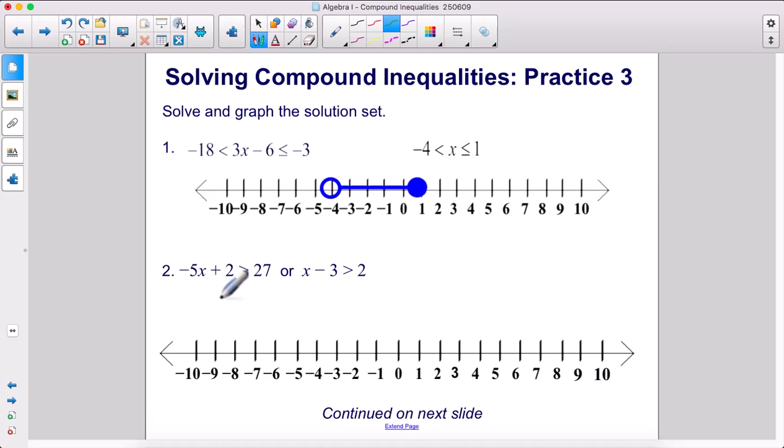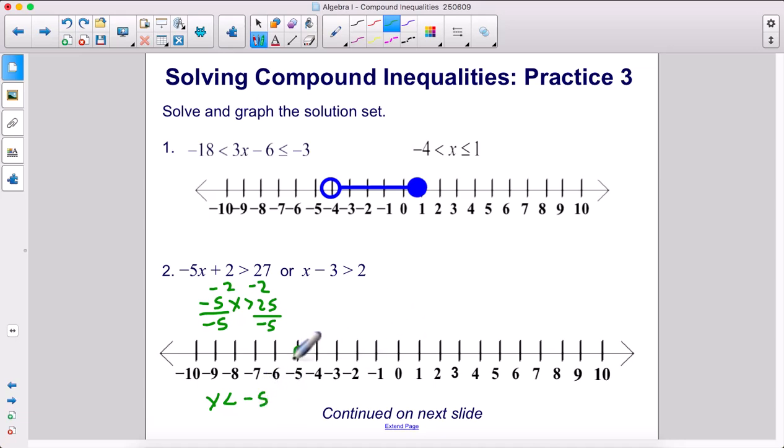Negative 5x plus 2 is greater than 27, or x minus 3 is greater than 2. Alright, so here we're going to subtract 2 from both sides. We get negative 5x is greater than 25. Then we divide both sides by negative 5, which is going to flip the inequality. So x is less than negative 5.